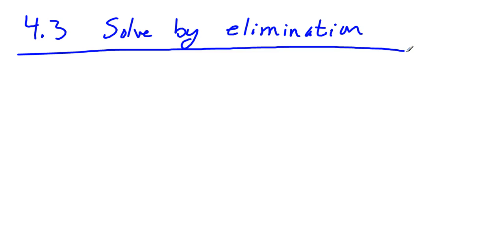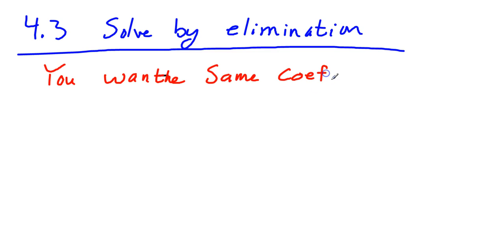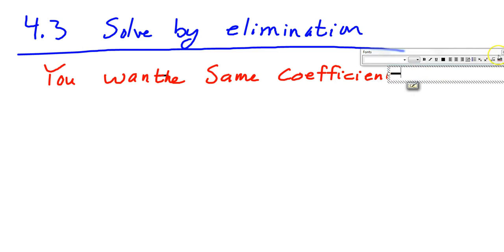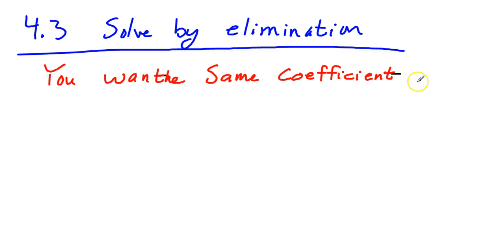What you really want with elimination, to make this thing work out to be the easiest thing you can do, is you want the same value, or the same coefficient, on the same variable.